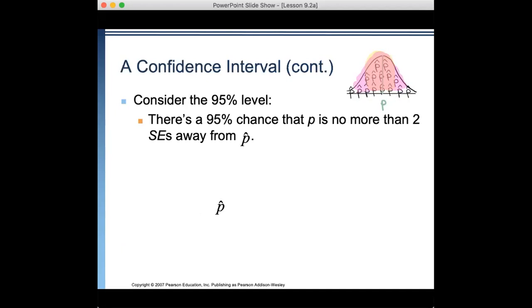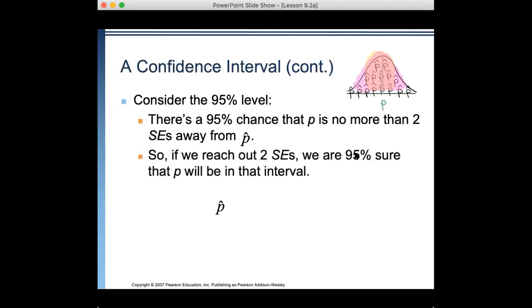So if I were to pick a random p hat out, there's a 95% chance that I would pick one in that pink area. And that pink area is significant because all those p hats are within 2 standard errors from that middle p.